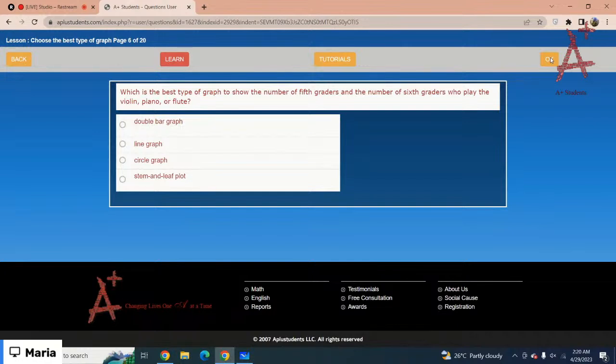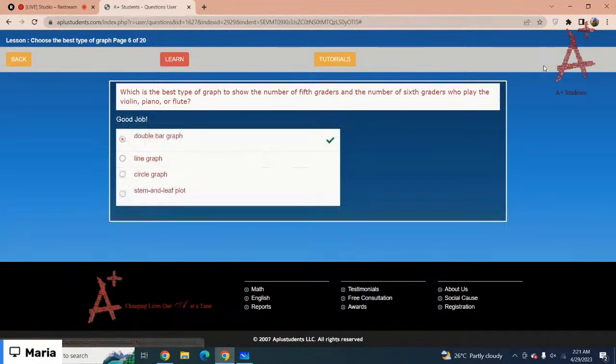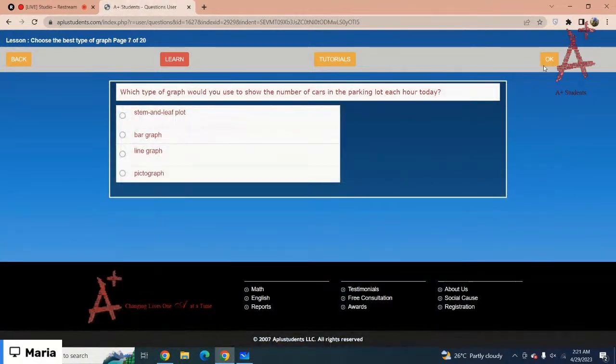Because you're going to compare the fifth grade students and the sixth grade students who play violin, piano, and flute. Whenever you are going to compare two things, you can use the biggest answer. No, I am not using these tricks. I am using logic: double bar graph you can use because you are going to compare two things. So when comparison is involved, you can use double bar graph.